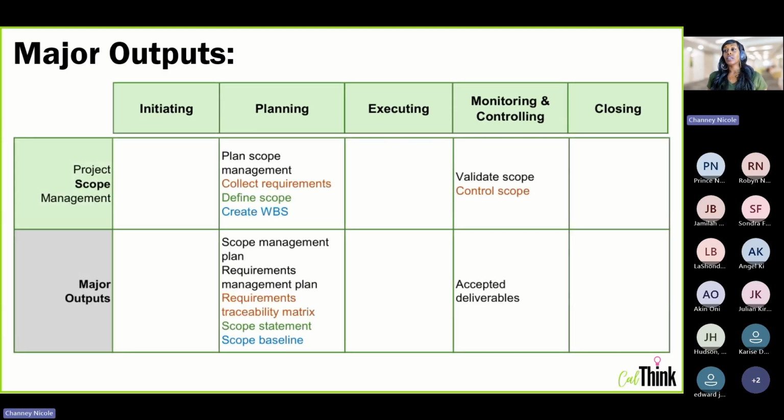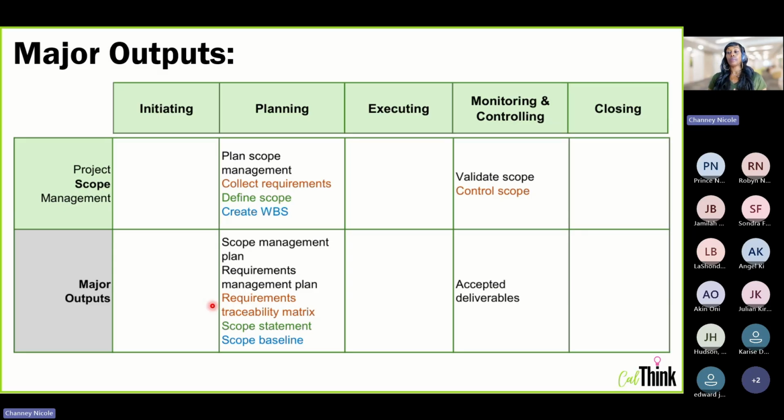So for scope, we're going to look through this and pay attention to the color codes again. So for plan scope management, our very first planning process in scope, our outputs are going to be our scope management plan and our requirements management plan. These are going to tell us how to manage our scope and how to manage our requirements. For collect requirements, our major output is going to be the requirements traceability matrix.